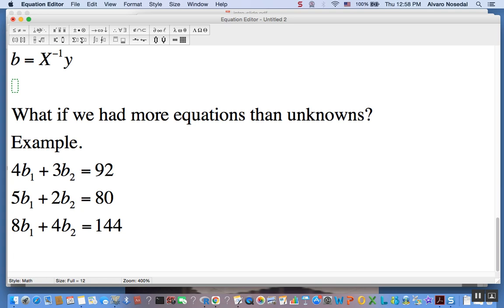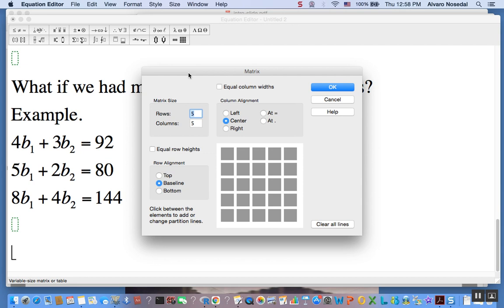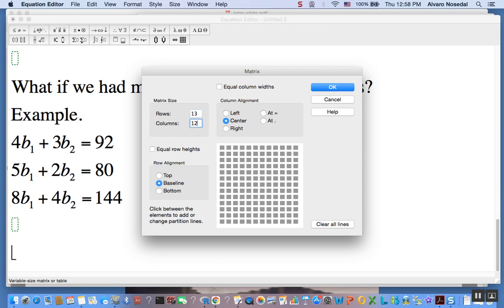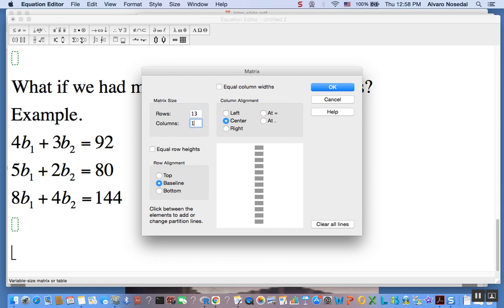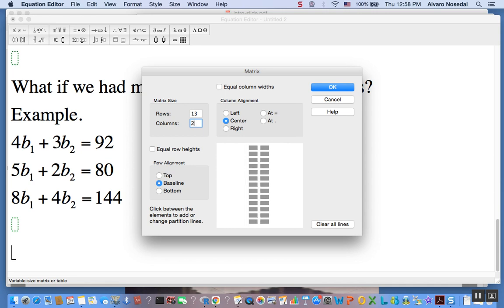Let me rewrite this using matrix notation. We have 3 rows, we have 2 columns.